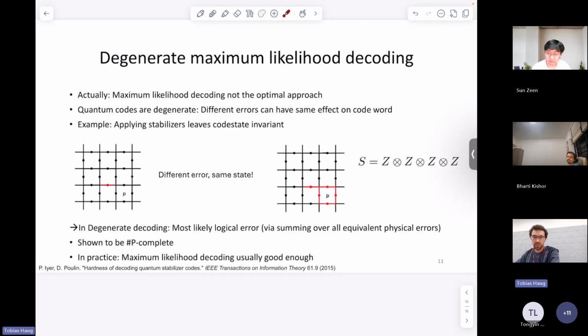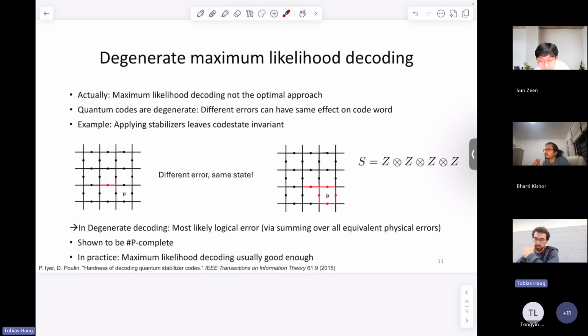It will not change the code state at all, because the particular error that we added is just a stabilizer. It is not detected by anything because it commutes with all the stabilizers as well. So my point is, each error has many possible alternative errors that behave exactly the same way, because they are just stabilizer-modified errors, and we can't really distinguish them from the original error.